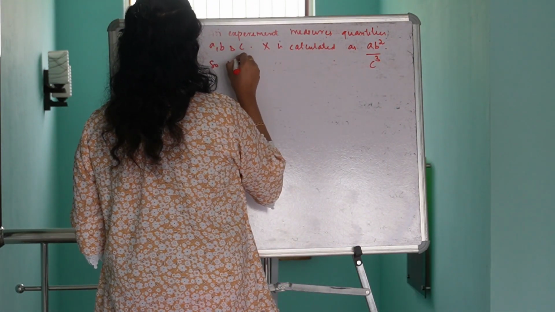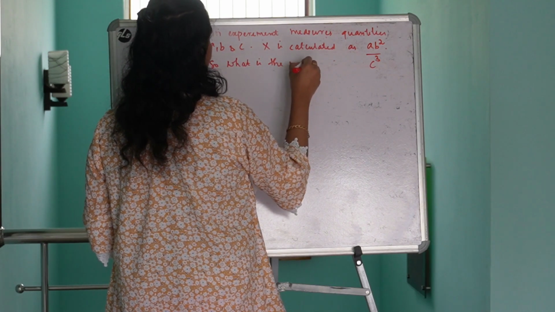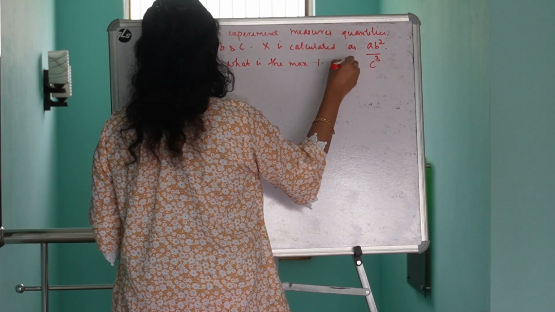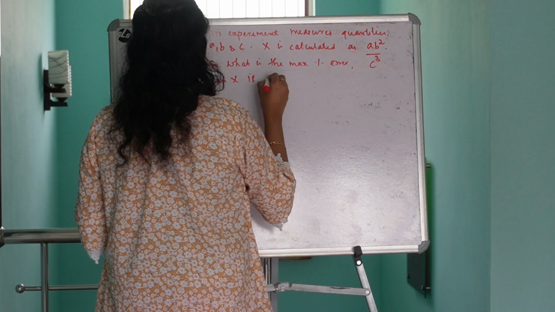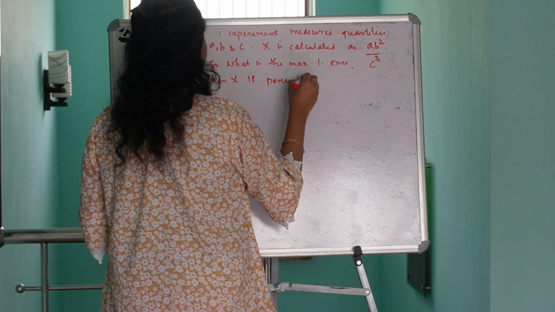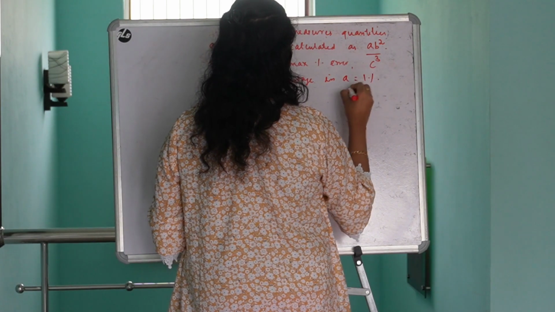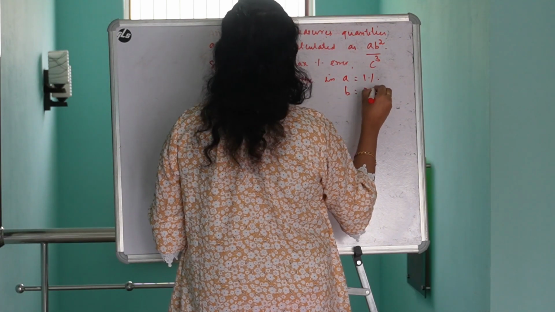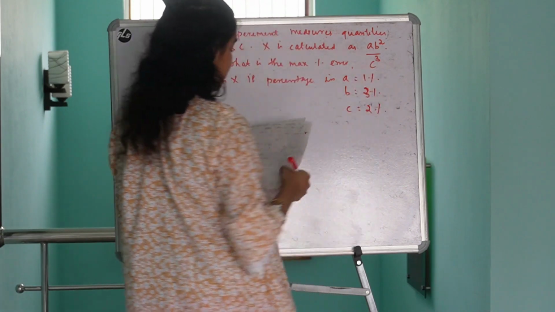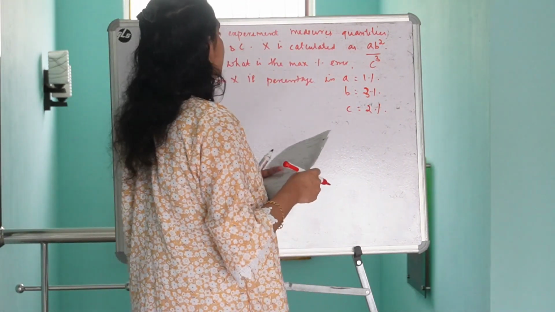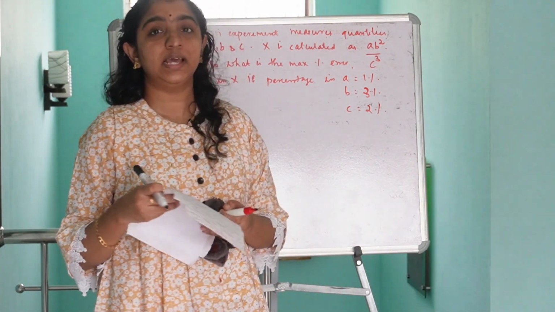So what is the maximum percentage error in X if the percentage error in A is equal to 1%, B is equal to 3%, and C is equal to 2%? Okay. So here you are provided with three values.